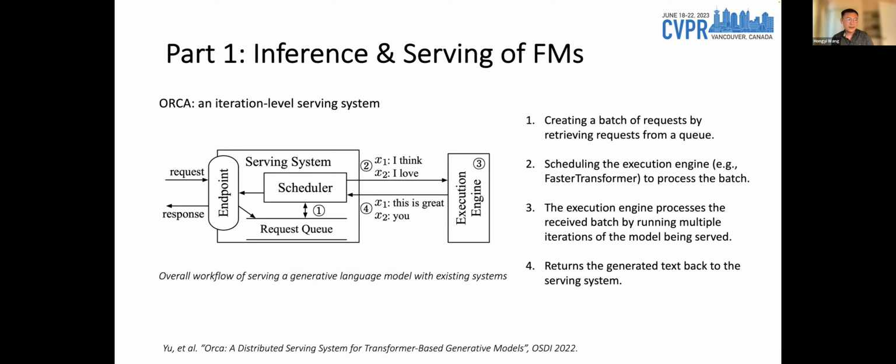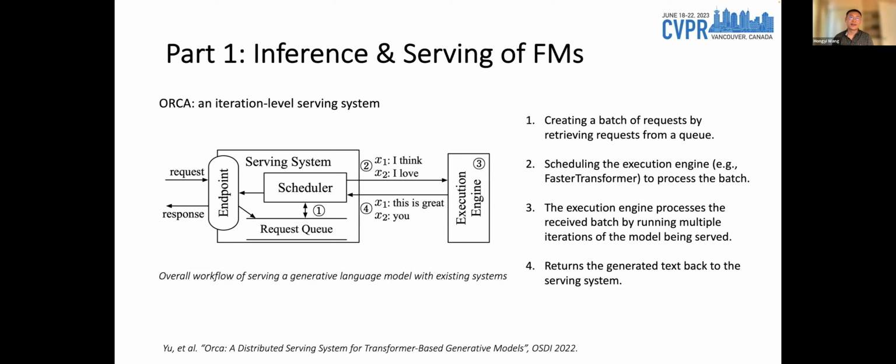But in practice, when we serve a model, we serve a lot of users. The user will put in their request, which is usually just a prompt. The prompt will be saved in the request queue, and the system will handle how we put the computation together and give it to the execution engine. Why do we need to do that?